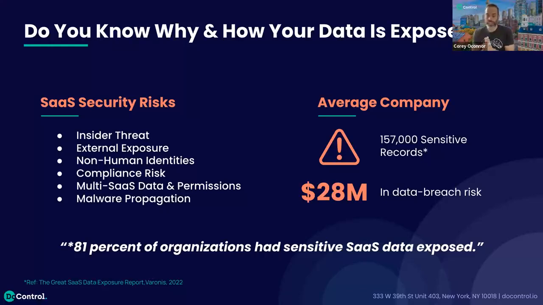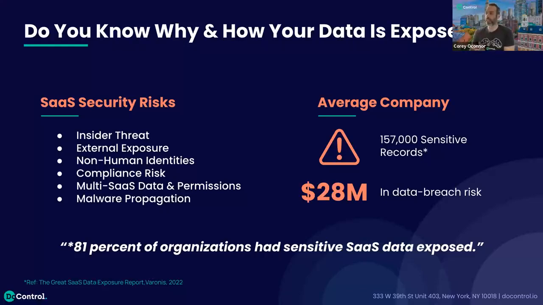You also have multiple SaaS applications that have different sets of data, different permissions. Oftentimes you'll have these productivity suites that perform similar functionality, and there's no way to centrally secure access and protect data within those complicated environments. Malware propagation, the list goes long, right? It's a long list of different threat models.